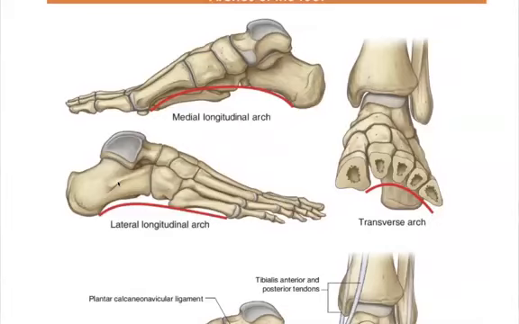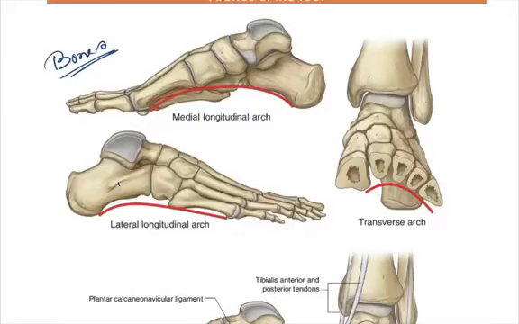First of all, let's talk about the bones. So if you are talking about the bones, what are the bones? First, the calcaneus. Then you have the cuneiforms and also the metatarsals.